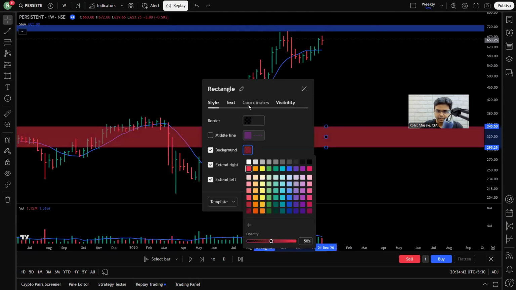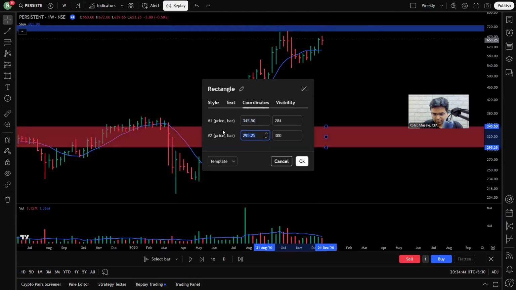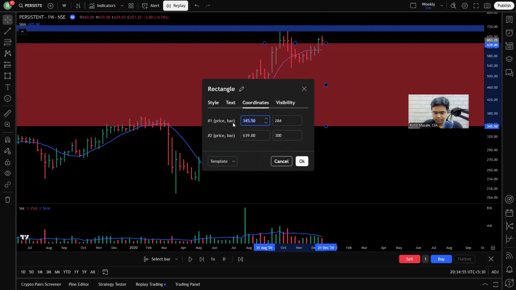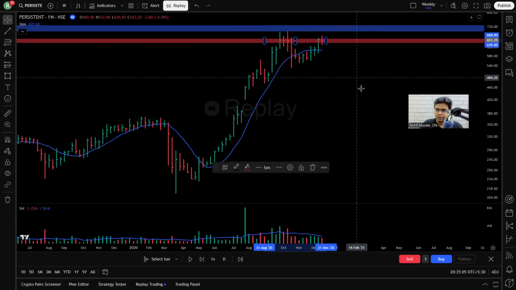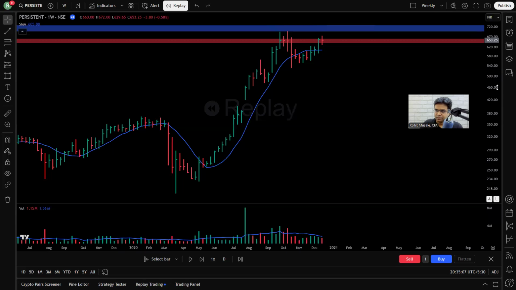Red color. 695.30 multiplied by 0.92, which is 639. And then 695.30 multiplied by 0.95, which is 660. Very simple. Stop loss range is established.